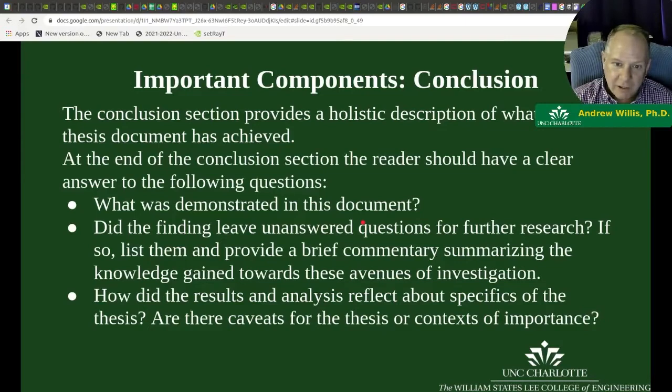And then there's often, for the work that we do, a need to be specific about exactly what was accomplished. What's important here is to say exactly how the state of the art was extended, and whether the work as done has any constraints or caveats.